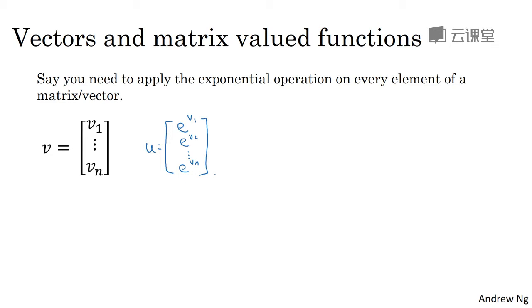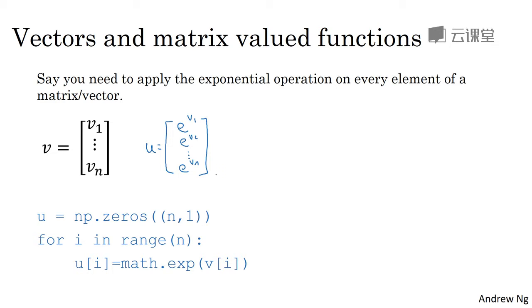This would be a non-vectorized implementation, which is that first you initialize u to a vector of zeros, and then you have a for loop that computes the elements one at a time. But it turns out that Python and NumPy have many built-in functions that allow you to compute these vectors with just a single call to a single function.